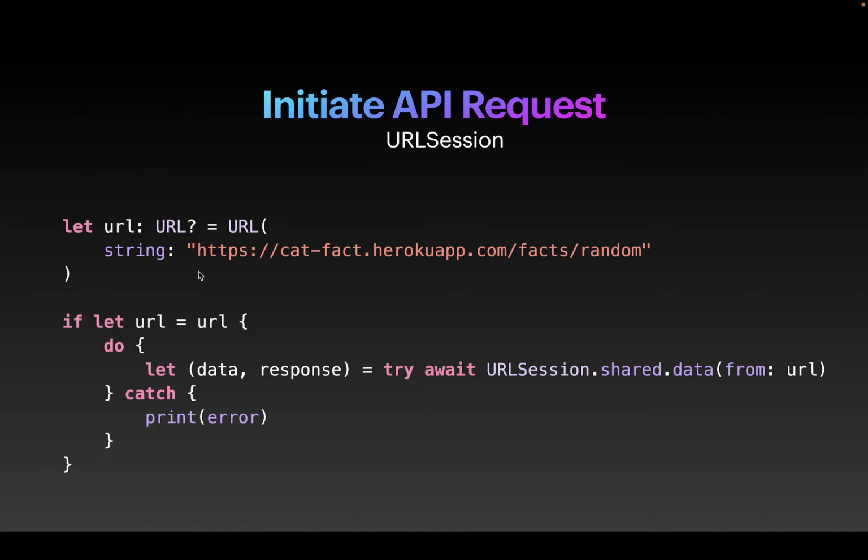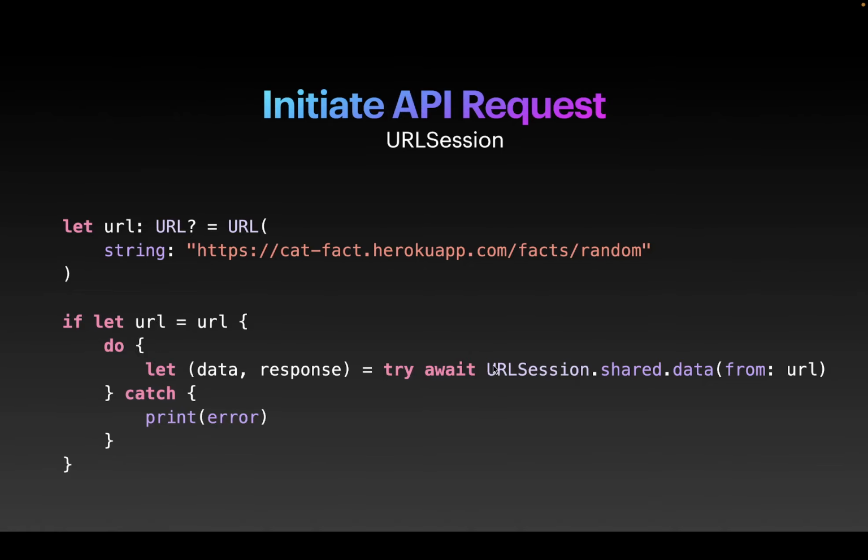I also did the type annotation here, so you can see the URL is an optional of the URL struct. Of course, you have to do some error handling. In this case, I do the if-let binding to unwrap the optional data. So we have the valid URL, which in this case is not an optional anymore.